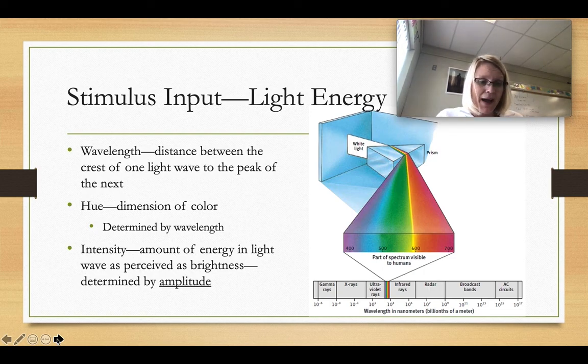That's determined by the amplitude. So these are just a bunch of vocabulary terms that include how we see, in this case, color vision. I think that's all we need to really know about that slide. Hue, intensity, amplitude, perceived brightness.